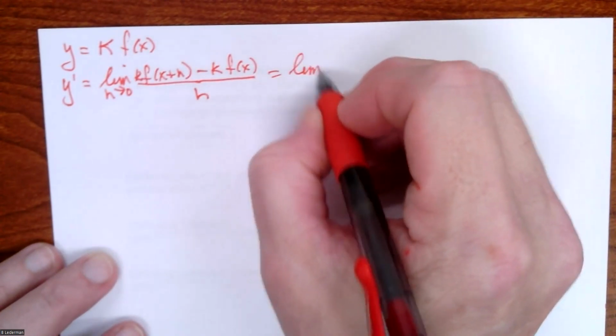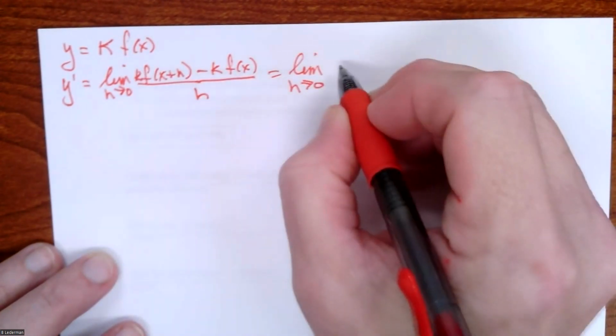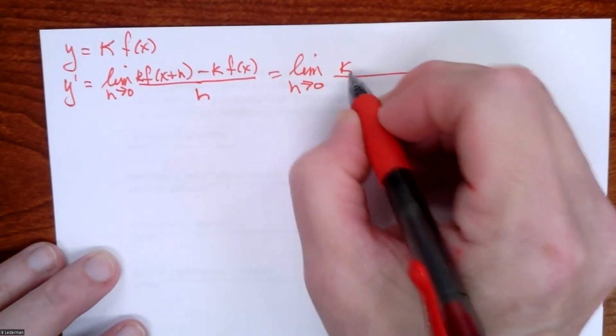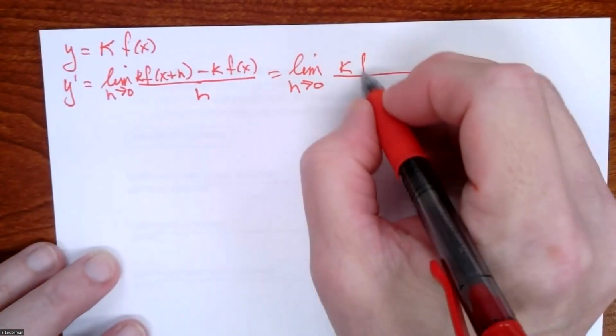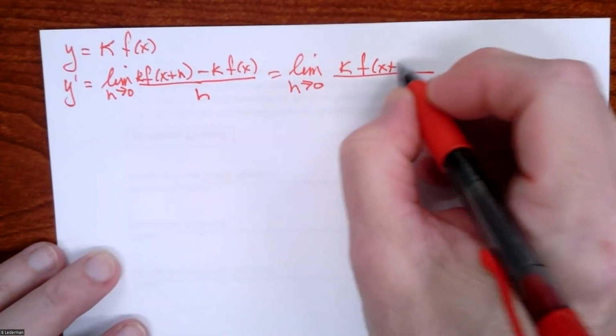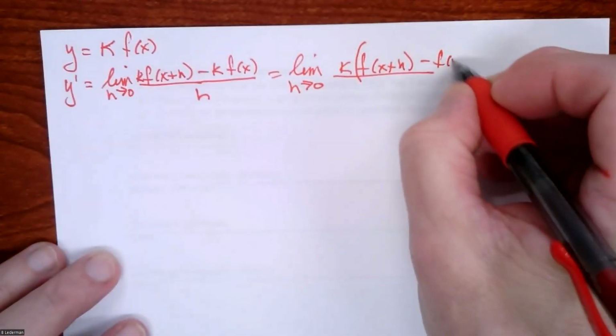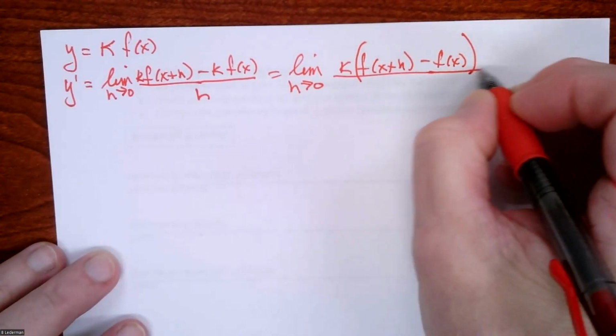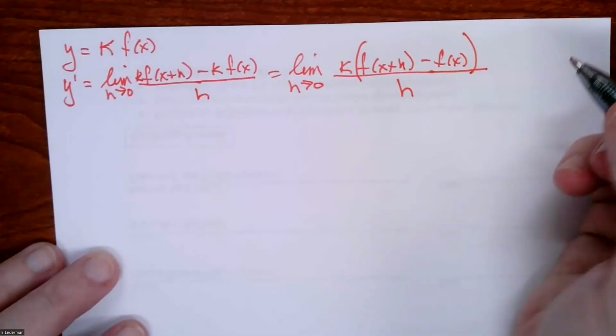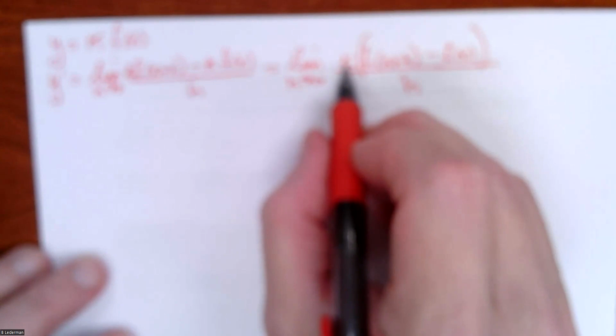This is equal to the limit as h goes to 0 of k times f of x plus h minus f of x over h.